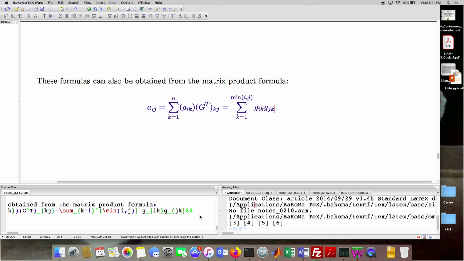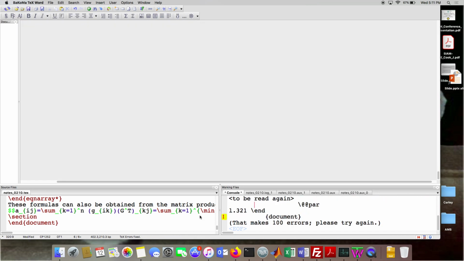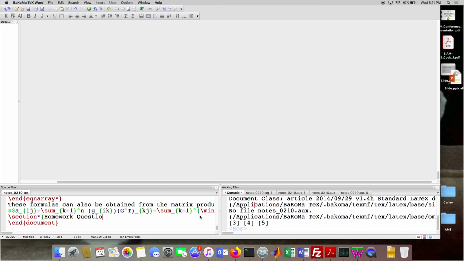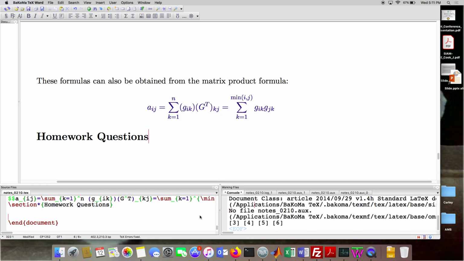Now, here's what you could do. Does it matter if you store it explicitly?